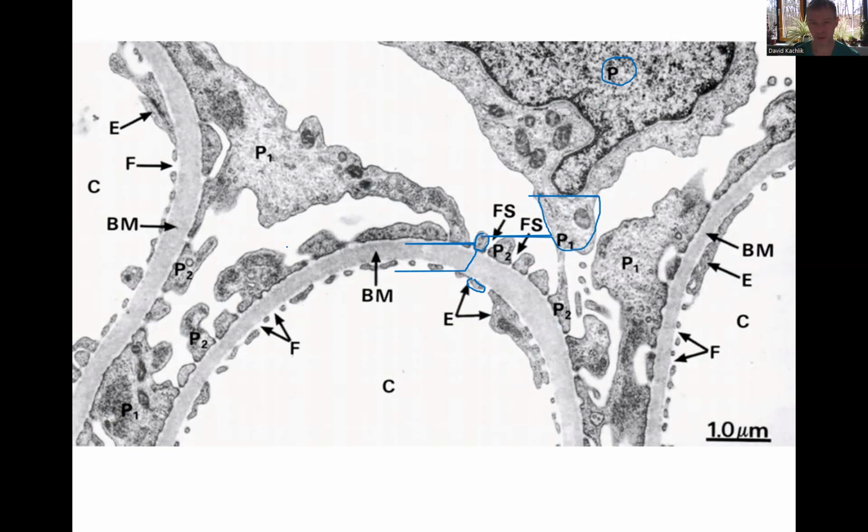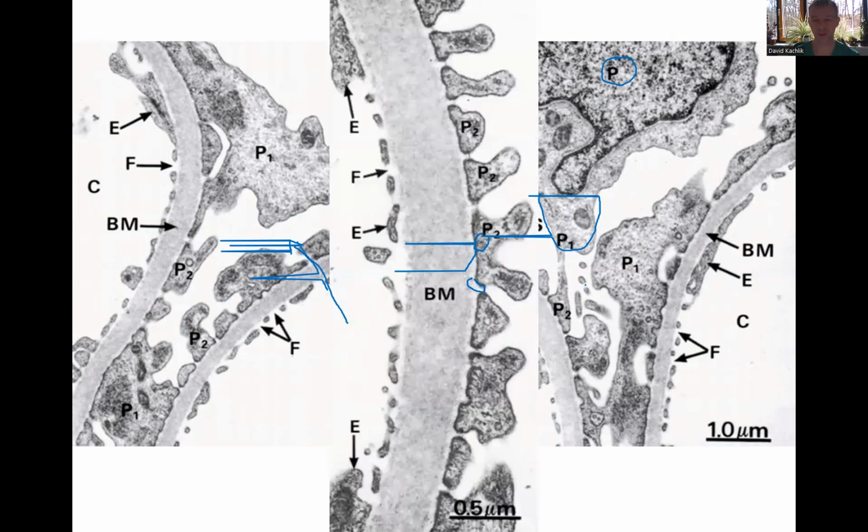So then the fluid has to go this way. So from the blood it goes into the urinary space. And again, a detail here, it just goes from the capillary into the Bowman's capsule.